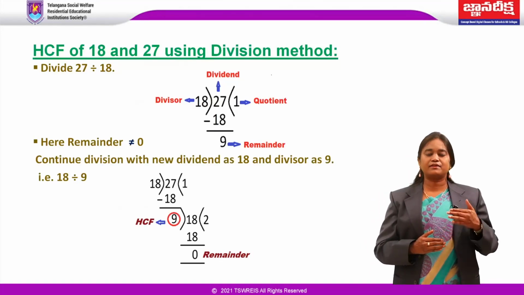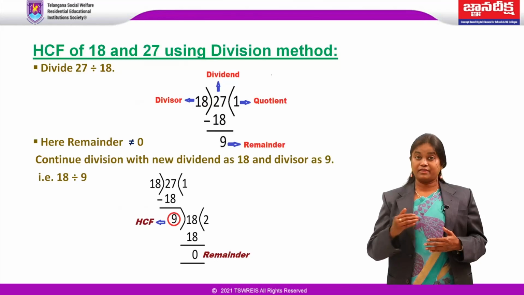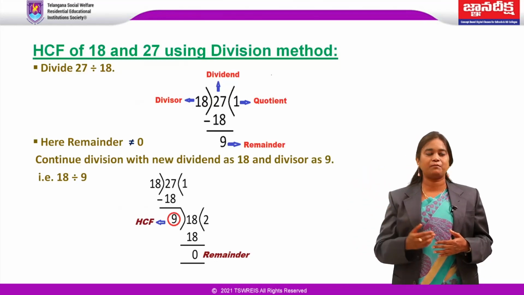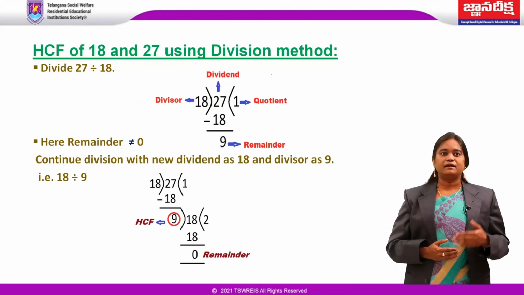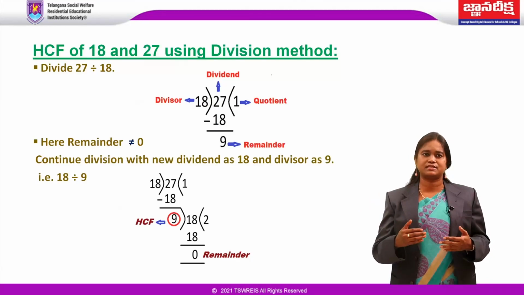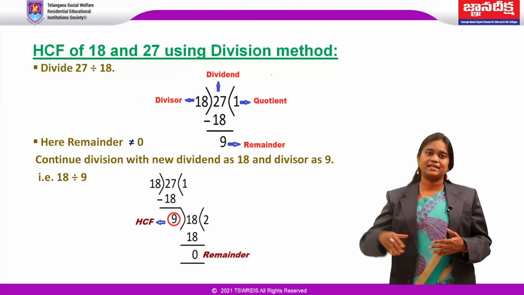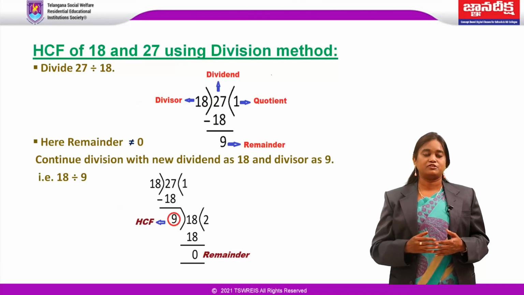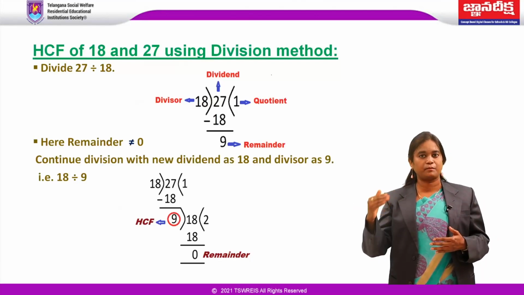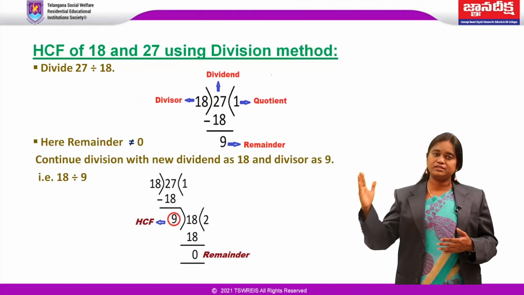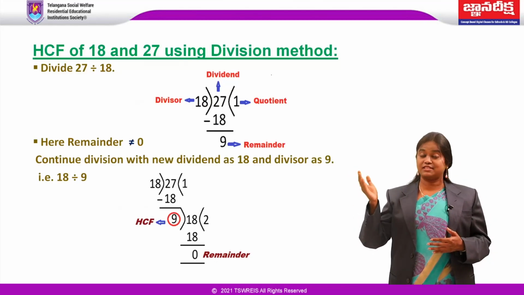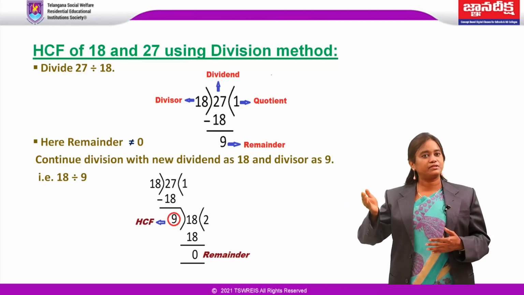If we get the remainder as 0, then the divisor is the HCF of the given two numbers. But the remainder here is not equal to 0. So we cannot say the divisor 18 is the HCF. So to find the HCF, we will consider this remainder 9 as the new divisor and the previous divisor 18 as the new dividend and continue to divide.